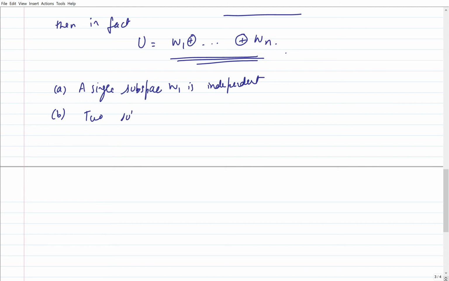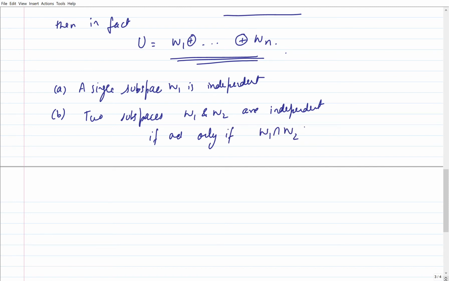Two subspaces W1 and W2 are independent if and only if their intersection is 0. Easy to prove? Think about it, prove it yourself. So that was a proposition.